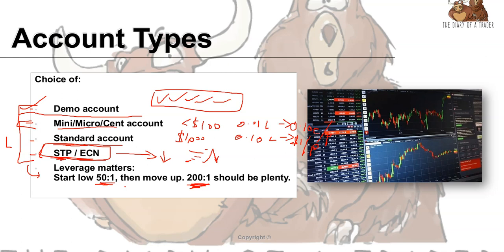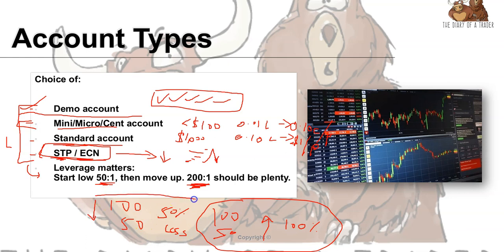So you don't want to risk losing a high amount of your account, because let's say, for example, you go from 100 to 50, that's a loss of 50%. However, to go from 50 back to 100 is going to require you to win back 100% profit. So bear that in mind, because the numbers are not as simple as they look.